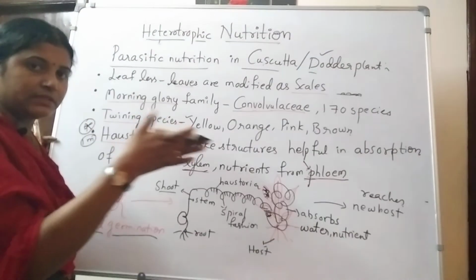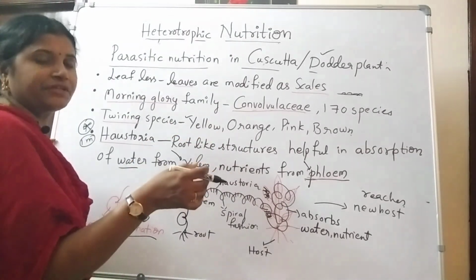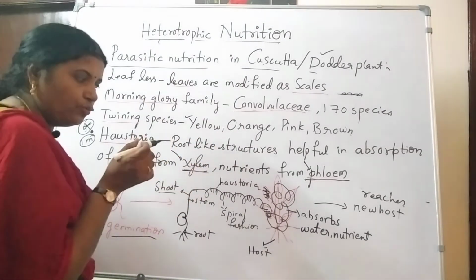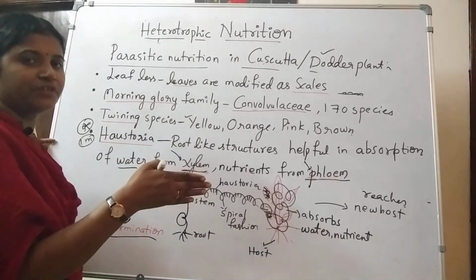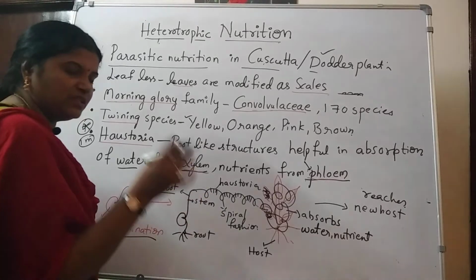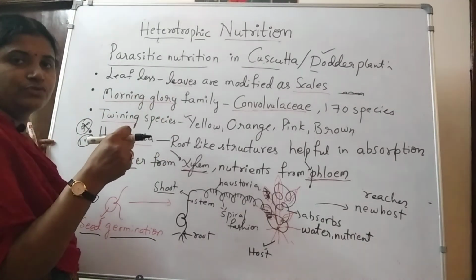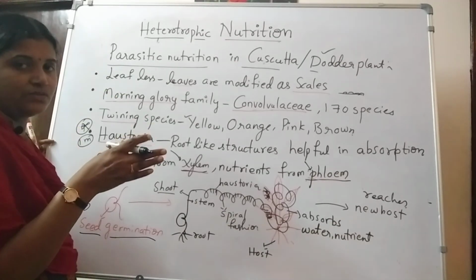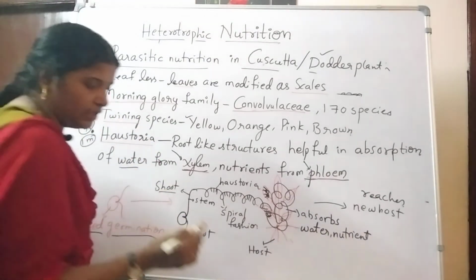Penetration means going deep inside. So it penetrates the xylem and phloem tissues, the deeper tissues of the plant, and finally it is simply sucking all the nutrients from the plant, and the host plant becomes weak.